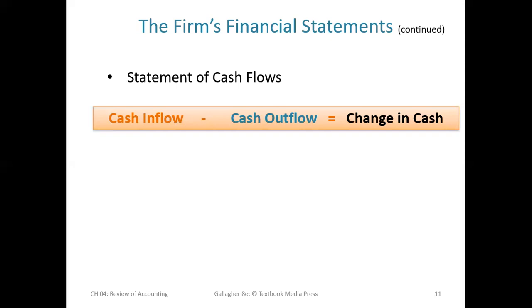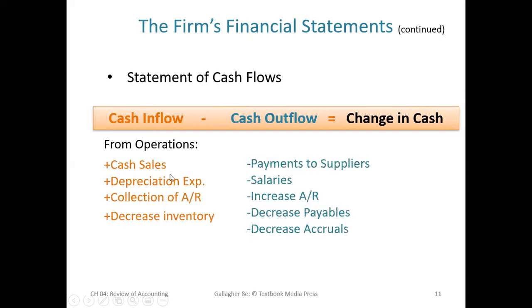So to know the company's financial health, we need to look at the statement of cash flow. The statement of cash flow is going to be from operating, from investing, and from financing. The operating, such as an increase in your cash sales.